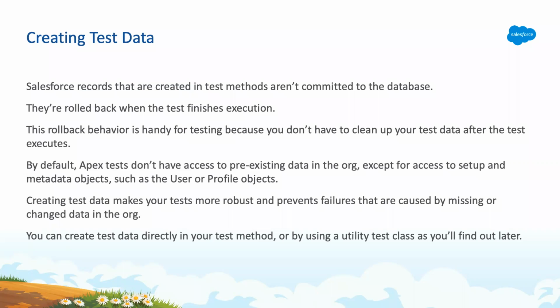That rollback behavior helps us clean all the test data, so we need not worry about cleaning the test data. By default, we don't have any access to pre-existing data in the org.